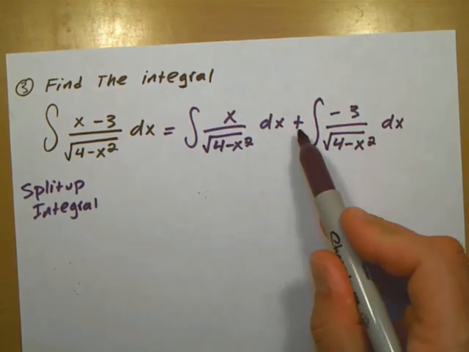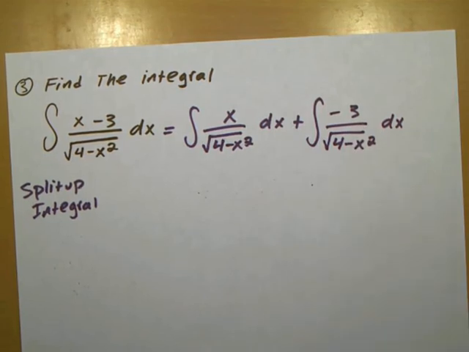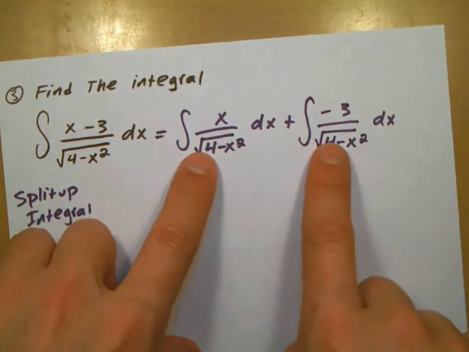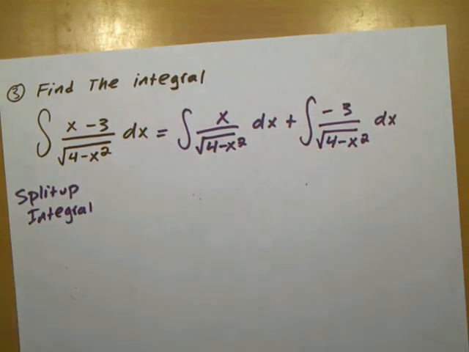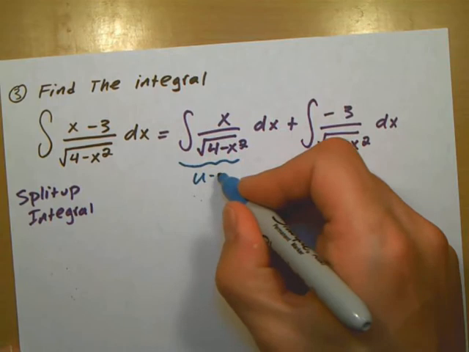I could have subtracted 3, but I'm just going to consider this negative 3 as a constant. All I did was split up each individual term in the numerator, because now I can integrate each one of these separately. The first is going to require a u sub.